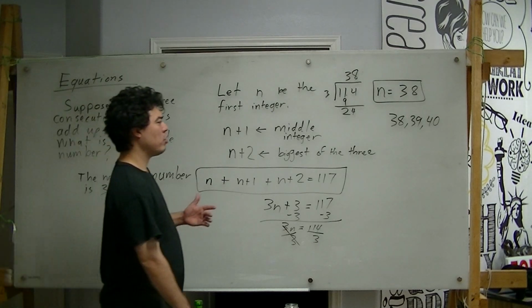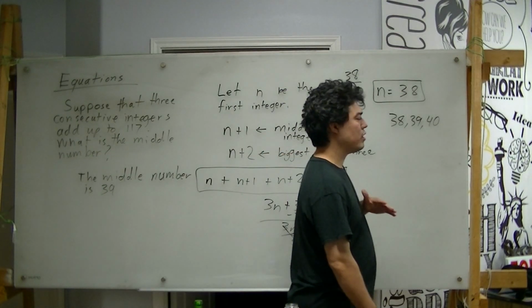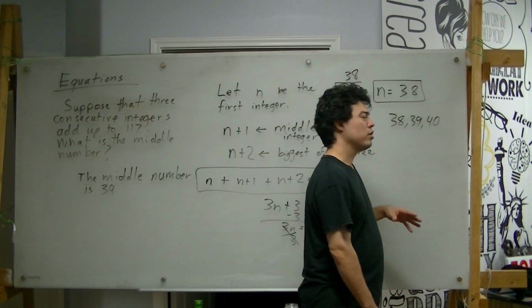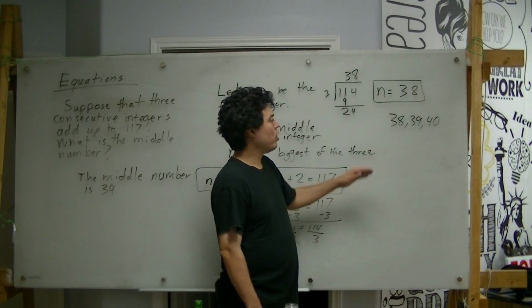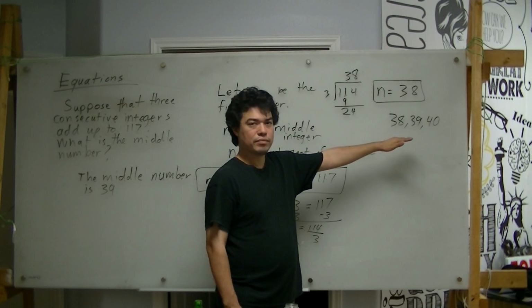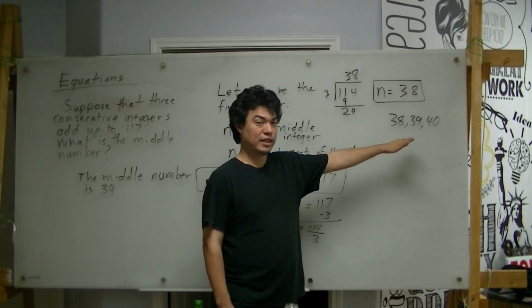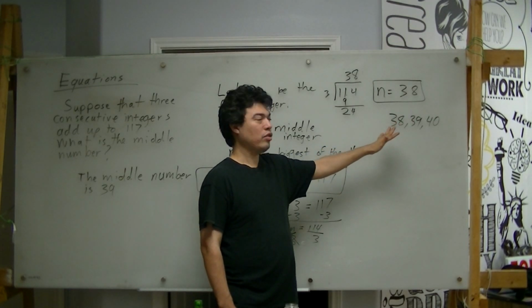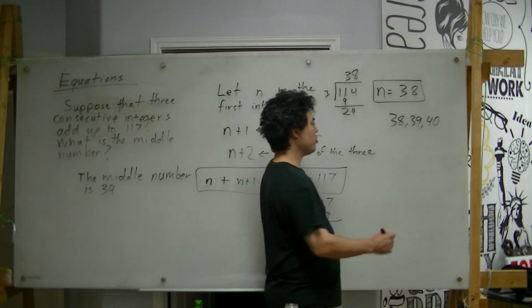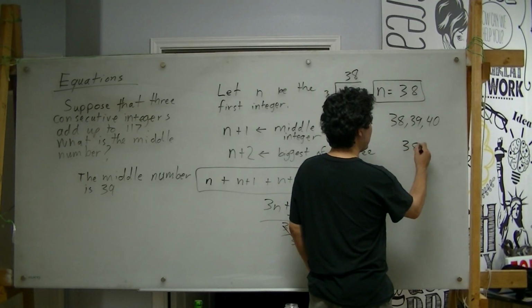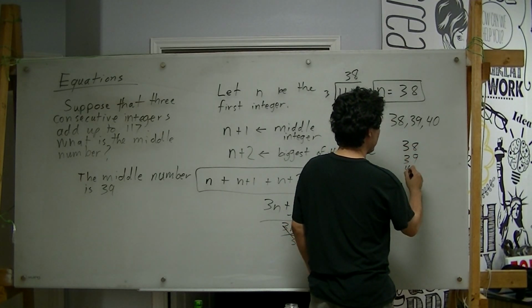And now finally, there's one pro tip that I recommend always, and that is we want to test. We want to make sure we got the right answer. So what I'm going to do is add all 3 of these. We see that these are in fact consecutive integers. That's not a problem. The only question is whether they do in fact add up to 117. So let's check. 38 plus 39 plus 40.